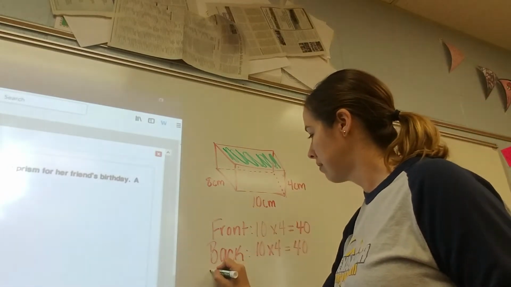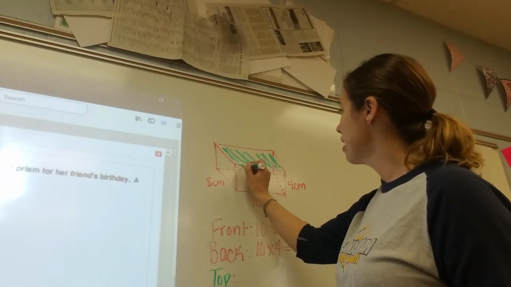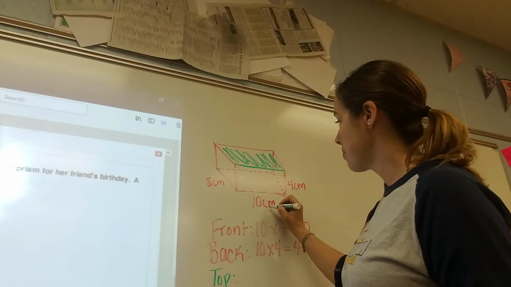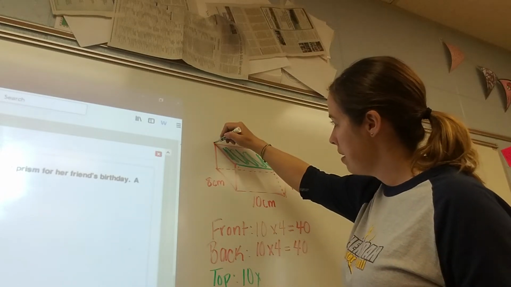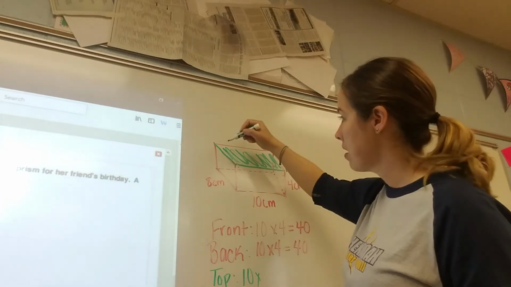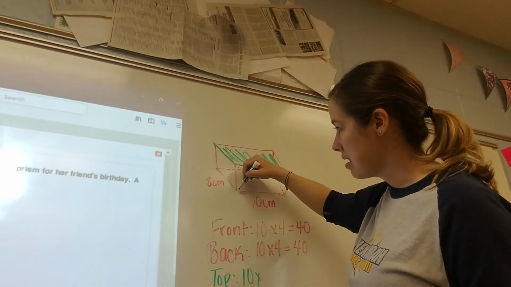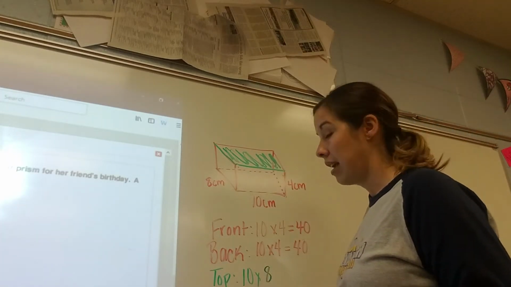Again, it's a rectangle. The length of my top is right here, which matches this, so it's 10. The width of my top is right here, which matches this, which is 8. So my top is 10 by 8.